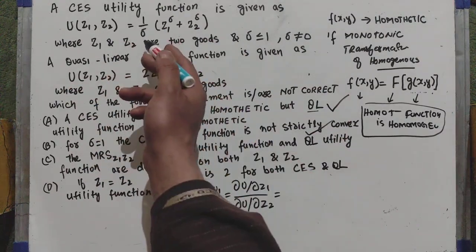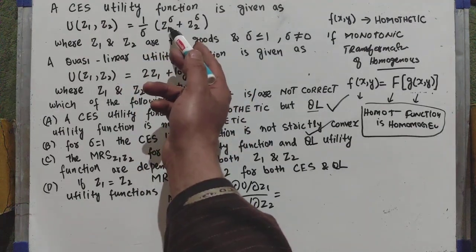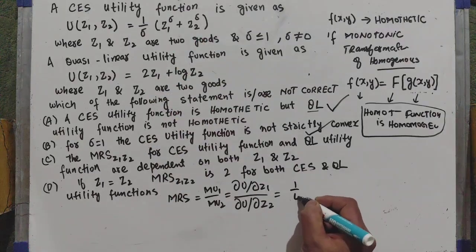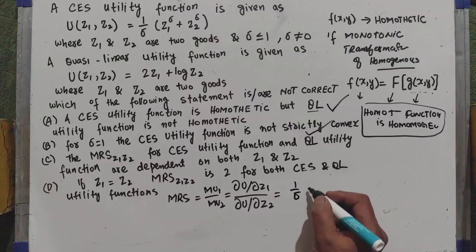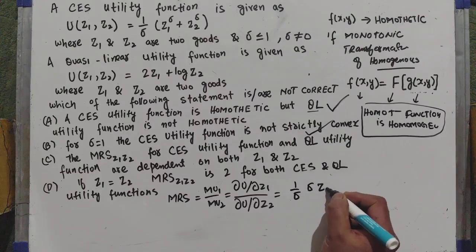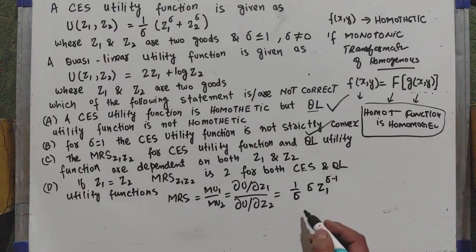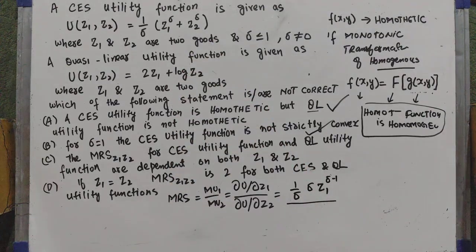So we have 1 upon delta. The derivative of z1 raised to power delta becomes the coefficient delta, and we are left with z1 raised to power delta minus 1. The derivative of the other term will obviously be 0 because we are taking partials with respect to z1.